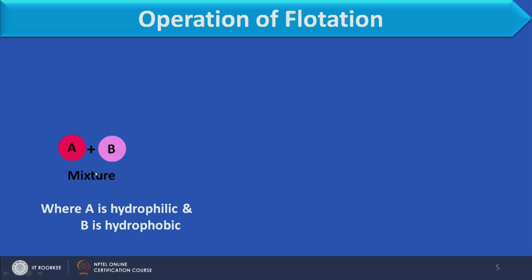In this case, if A is hydrophilic, you understand, which accepts the water, and component B is hydrophobic, which repels the water, and the complete mixture of A and B is carried in a flotation medium, and the medium should be water and air, because one is hydrophilic and another is hydrophobic. So, we have to take water along with air, and that complete mixture will be agitated vigorously.